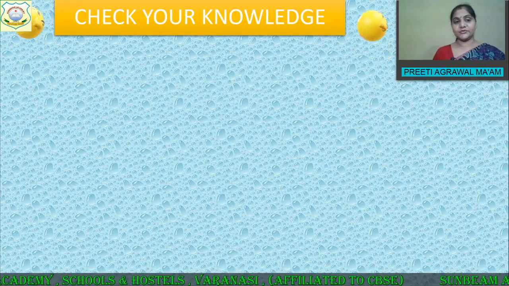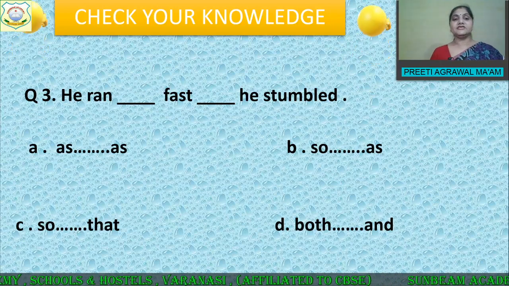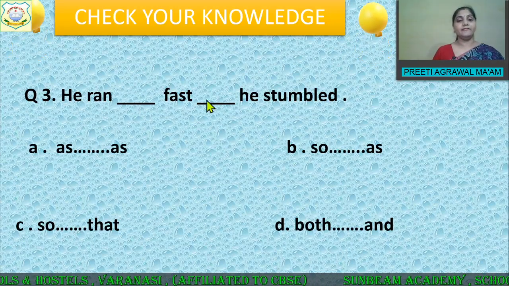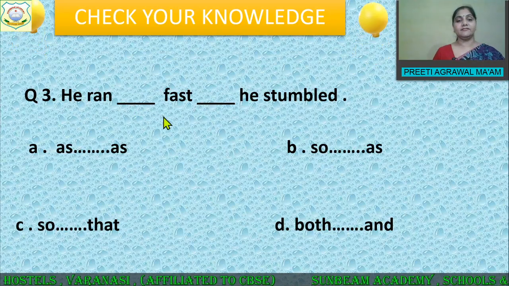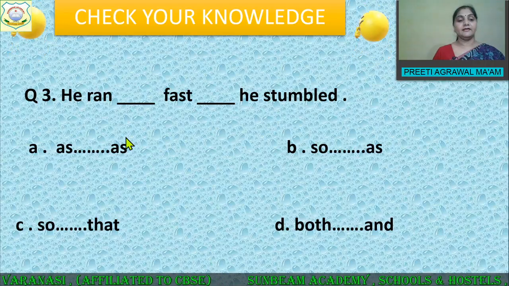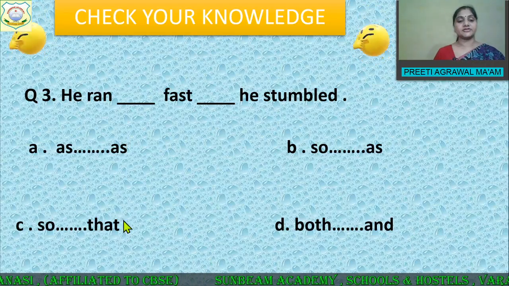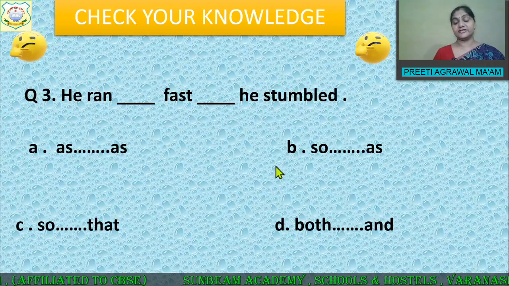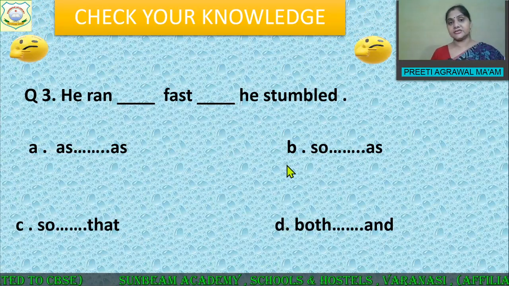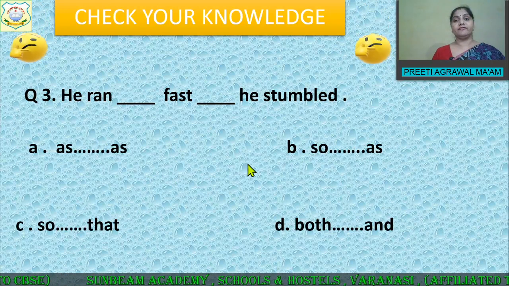Let's proceed to the next one. There is one more question for you. "He ran." Again, you can see the space I have given you, and here the 4 options. Check yourself. It is very necessary while going through any content to check yourself.